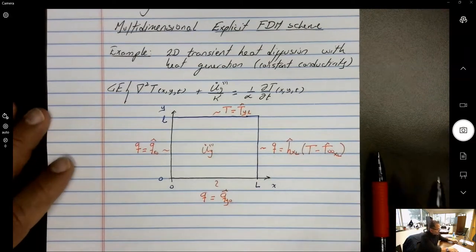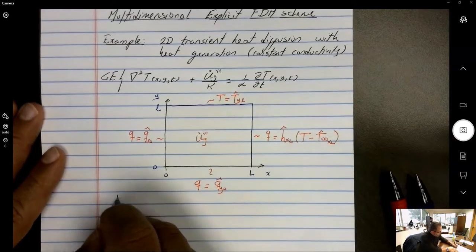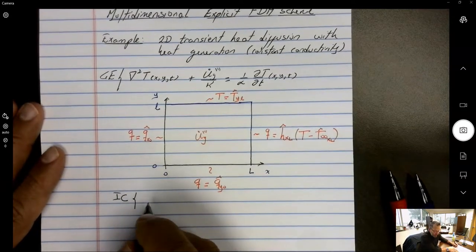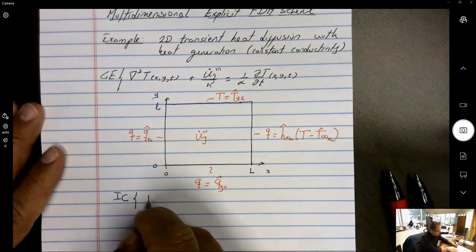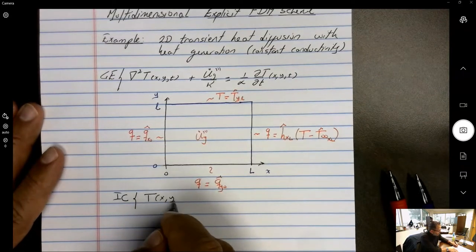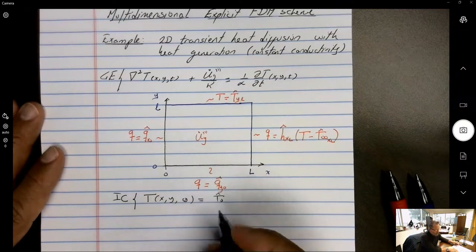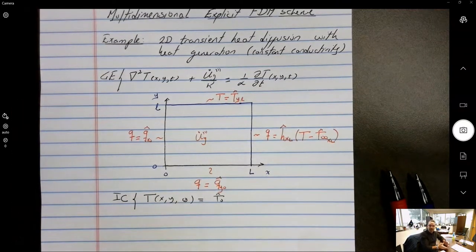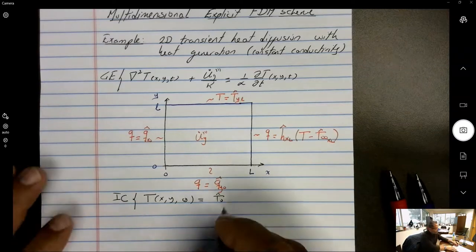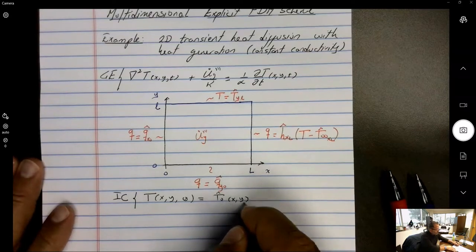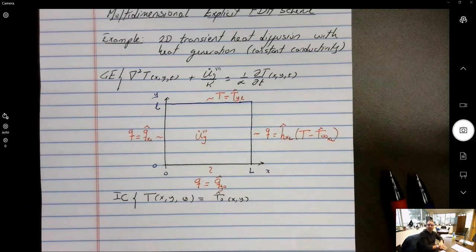Let's assume that we have an initial condition. Well, an initial condition needs to be given because this is a transient problem. T(x, y, 0) is equal to T0. And again, let's assume that's a constant value. That need not be the case. That can be a function of space. It can be a function of x and y. And in general, we're going to make it a function of x and y just to be more general in this illustration.